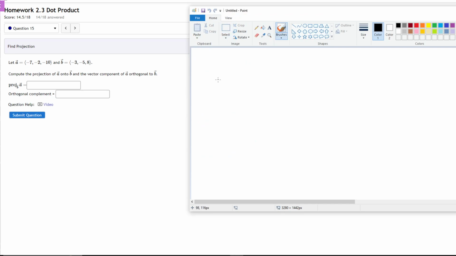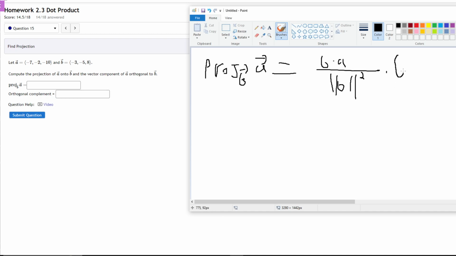But if we want to project b onto a, it is equal to the dot of b and a divided by the unit vector of b squared, multiplied by vector b.